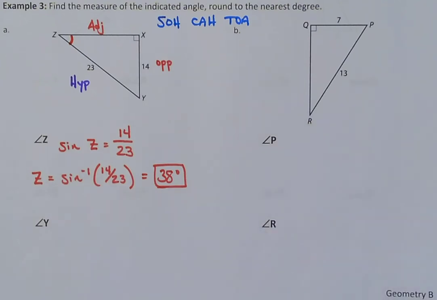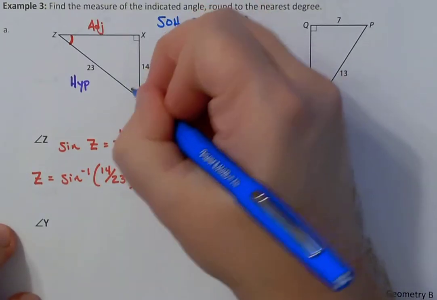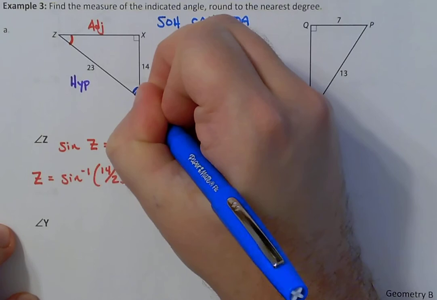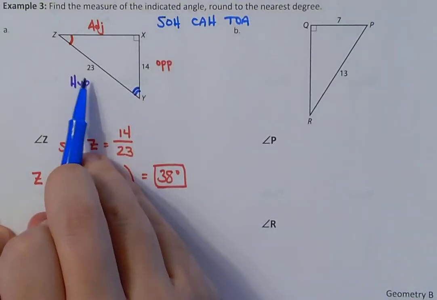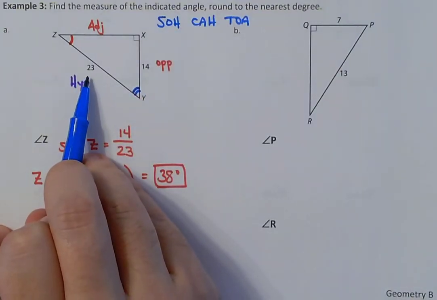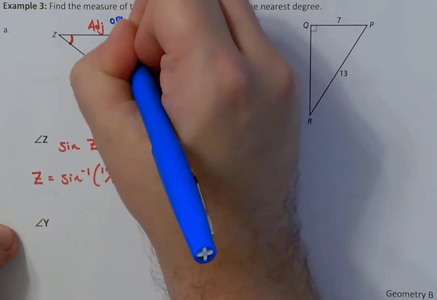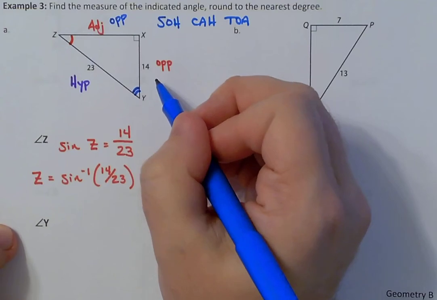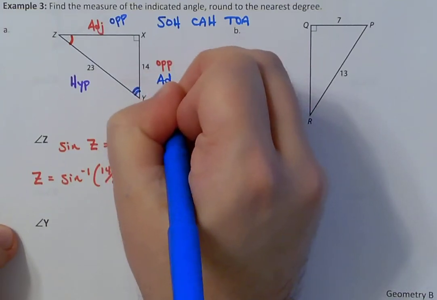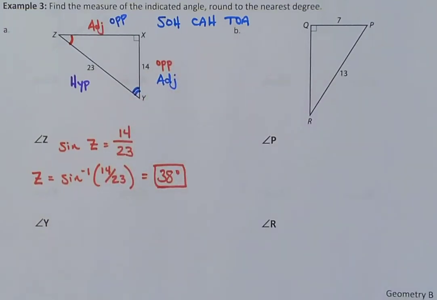Because if we went through to figure out the measure of angle Y, if we use Y as our reference, again, 23 is always the hypotenuse. The side opposite is going to be unknown, but I know that my adjacent side is 14. So the two things that I know are the hypotenuse and the adjacent.